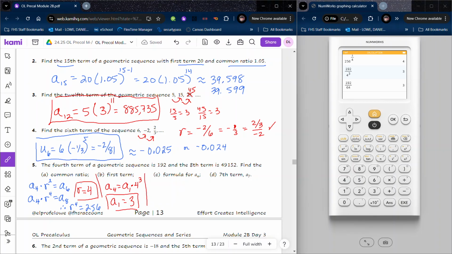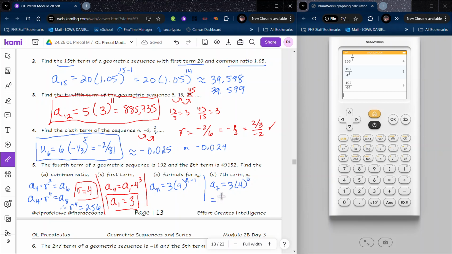If we want a formula for a sub n, the nth term, a sub n is going to be my first term times my common ratio raised to the n-1 power. If I want my 7th term, a sub 7 is going to be 3 times 4 to the 6th power.